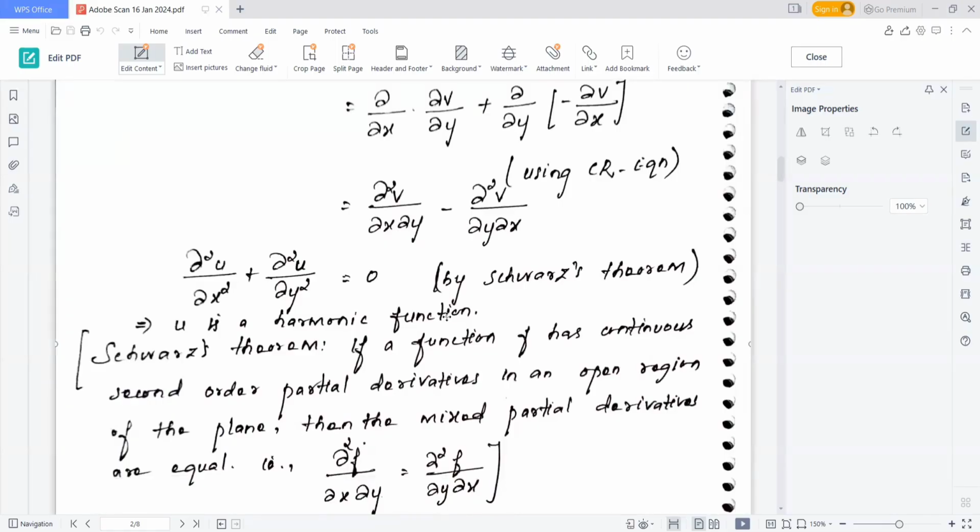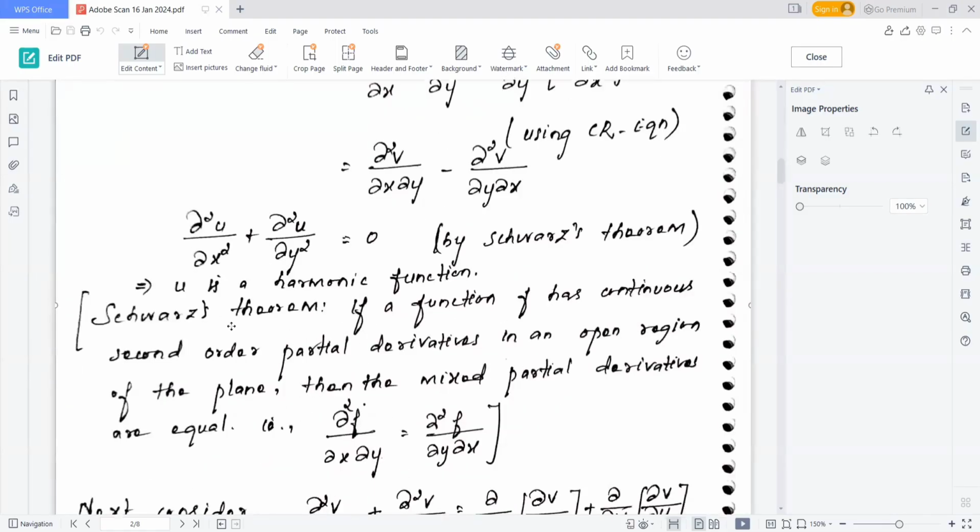So let us see what is Clairaut's theorem. If a function f has continuous second order partial derivatives in an open region of the plane, then the mixed partial derivatives are equal. So what this theorem says: if a function f has continuous second order partial derivatives.